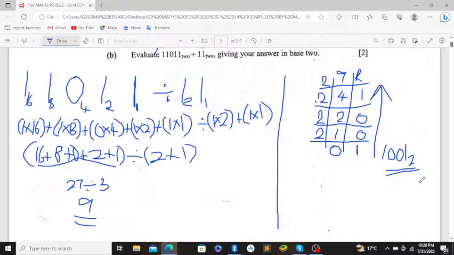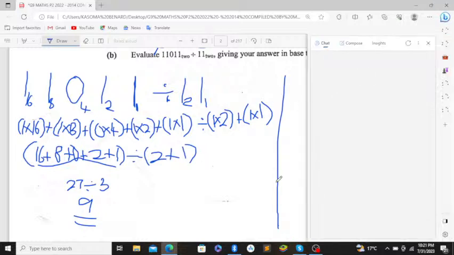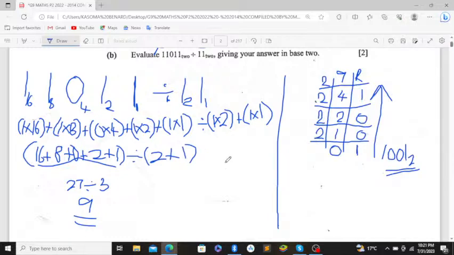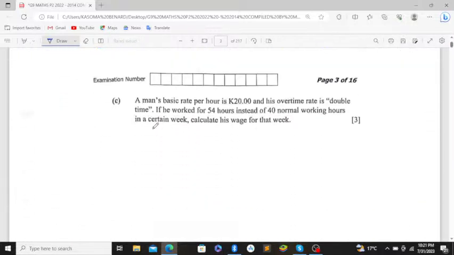Okay, so now once you have done this, the next thing we're going to do is, once I've done this, then the answer is correct. So we go to the next question, which is this question.